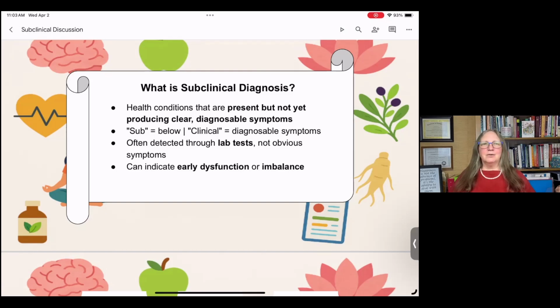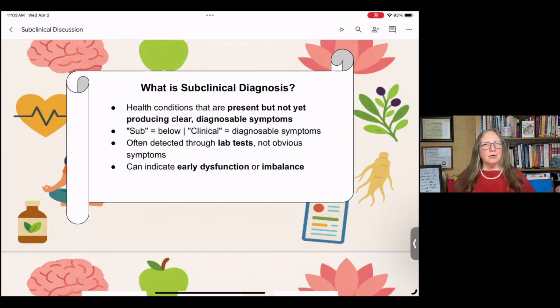Okay. So subclinical means that there's something going on beneath the surface before traditional medicine can actually call it a disease. It's kind of like our body is whispering.